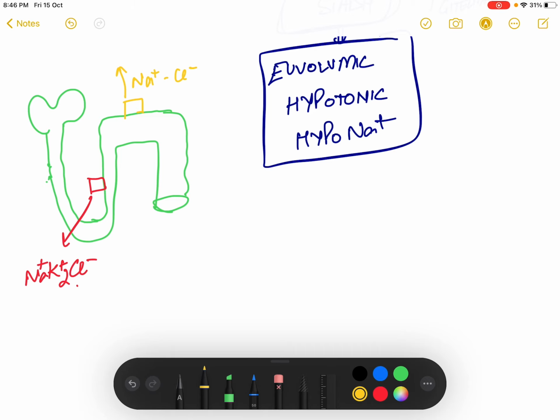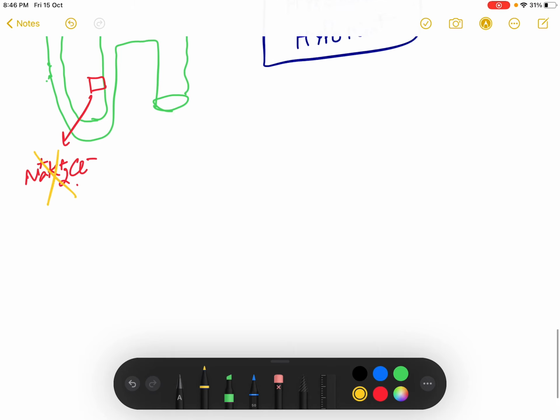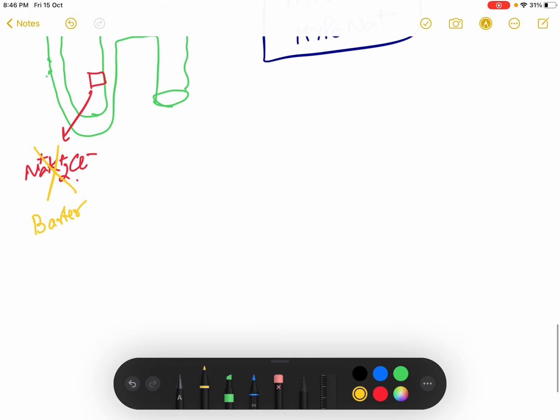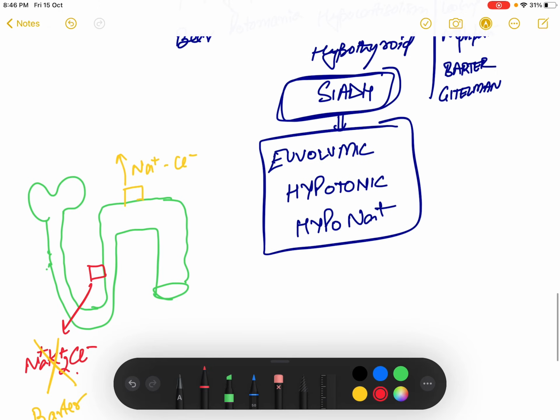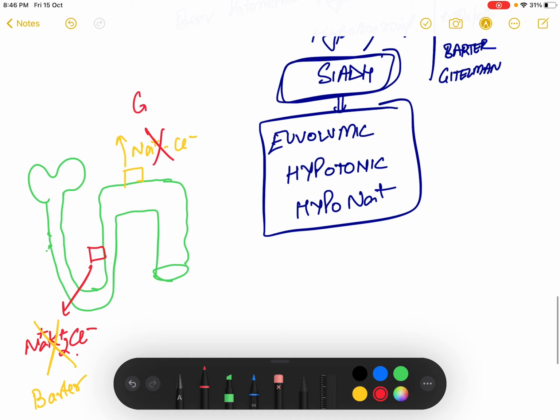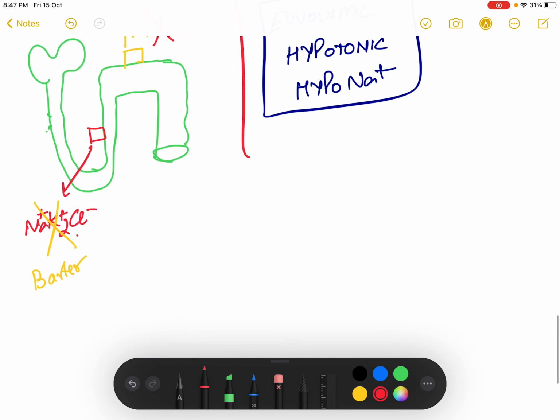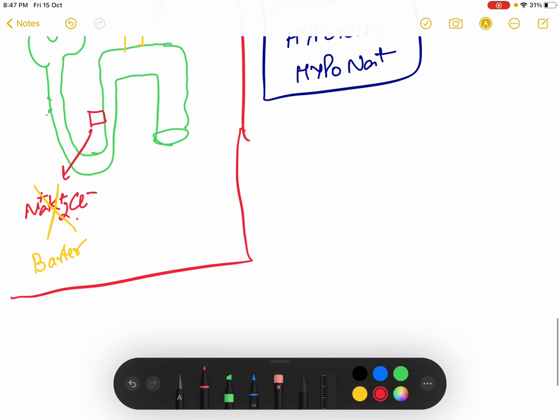So a defect in sodium potassium 2 chloride channel leads to Bartter syndrome, and a defect in sodium chloride co-transport channel leads to Gitelman syndrome, ultimately leading to loss of sodium in the urine and patient presenting as hyponatremia. Okay, so this is the concept of salt losing nephropathies.